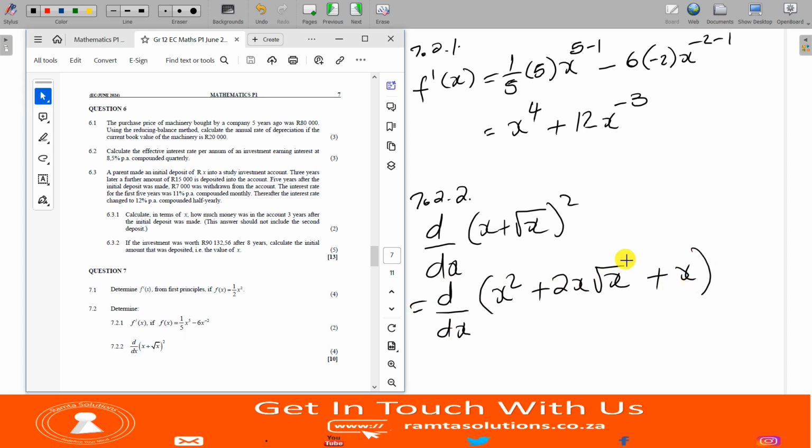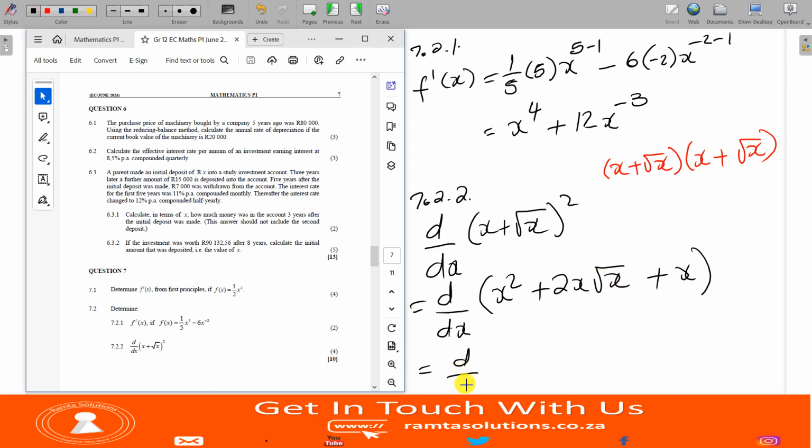This is us using the FOIL method. For those that might be wondering how, it's like saying this bracket multiplied by itself. So the FOIL method gives you this. Happy? Perfect.